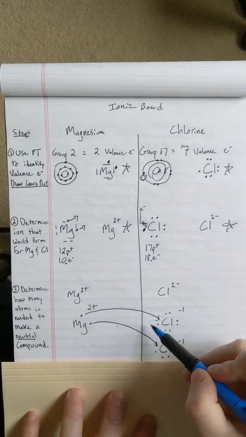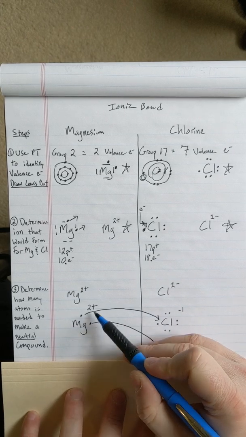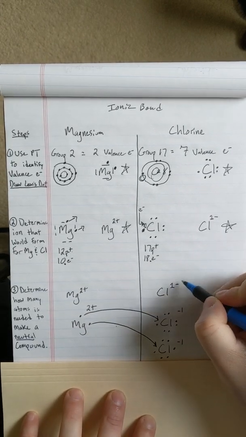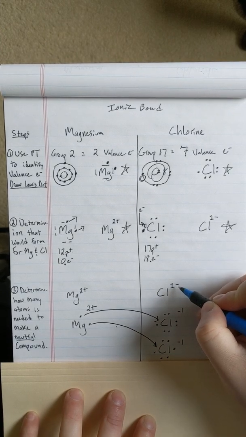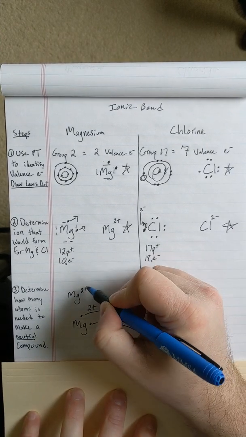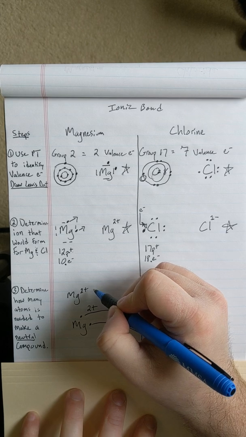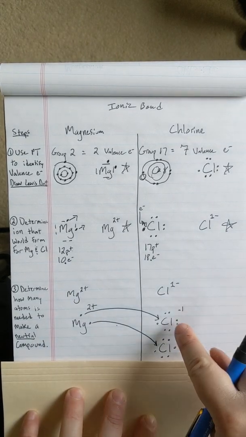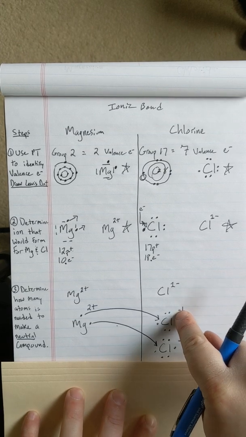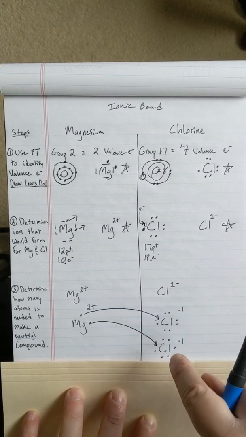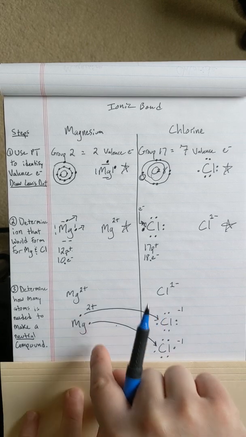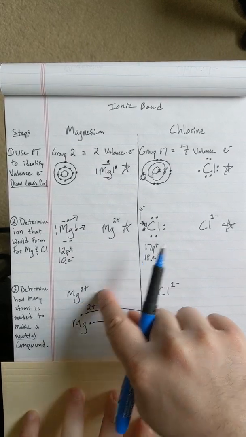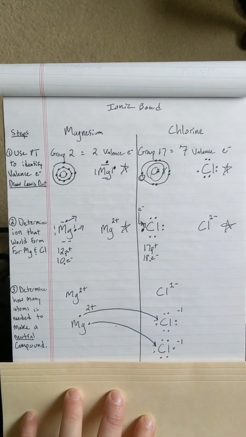And by taking those two magnesium electrons, magnesium formed that 2+ charge. And this makes sense because we need two -1s to cancel out the two positives that each magnesium carries. It's kind of like saying this chlorine is short $1, and this chlorine is short $1, and this magnesium's got $2. So I only need one magnesium to give $1 here and $1 there, and then we're all set.